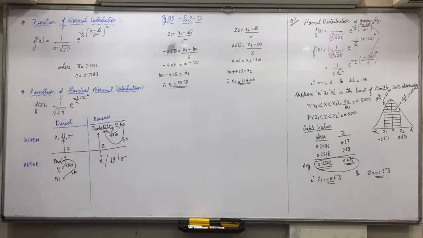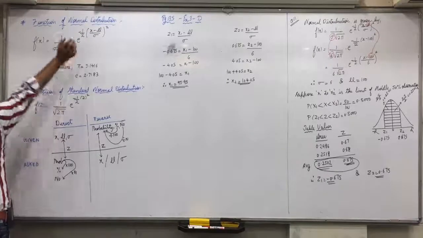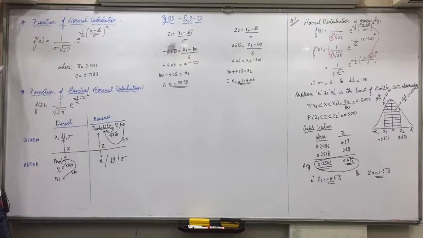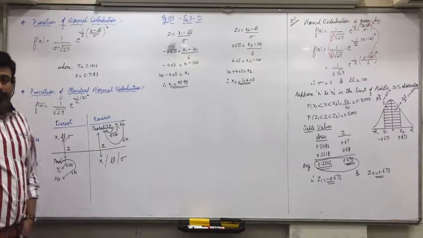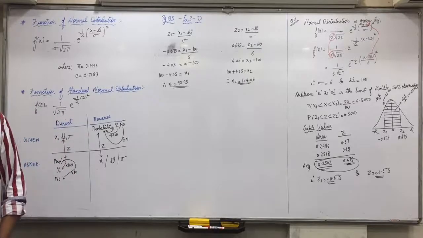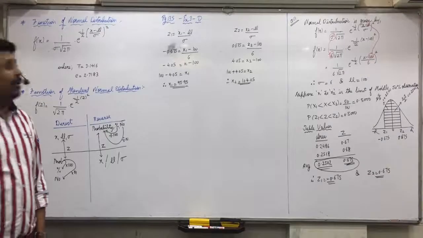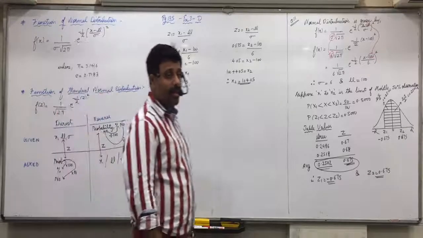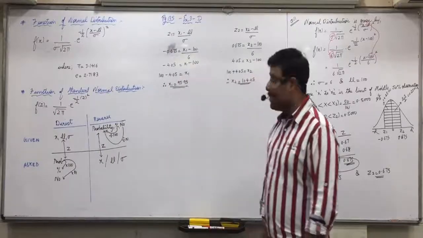Thus, the limit of the middle 50% of observations is 95.95 to 104.05. Is everyone clear with it?